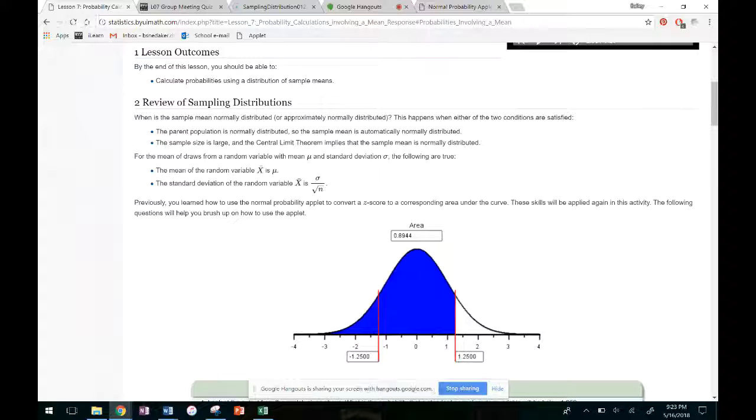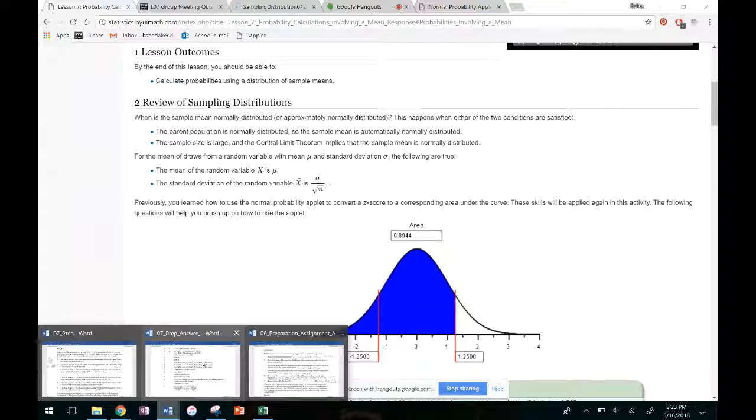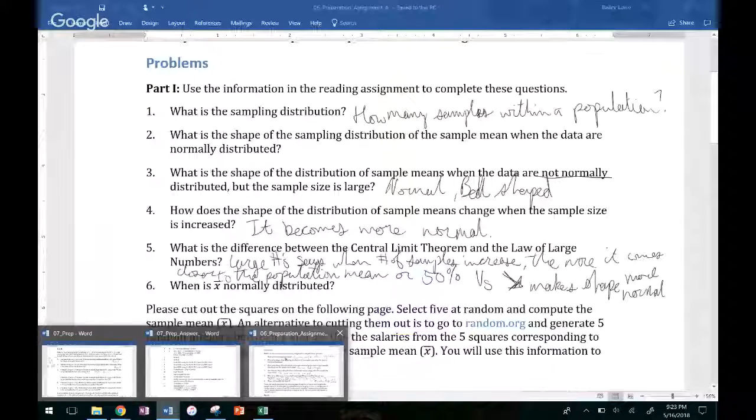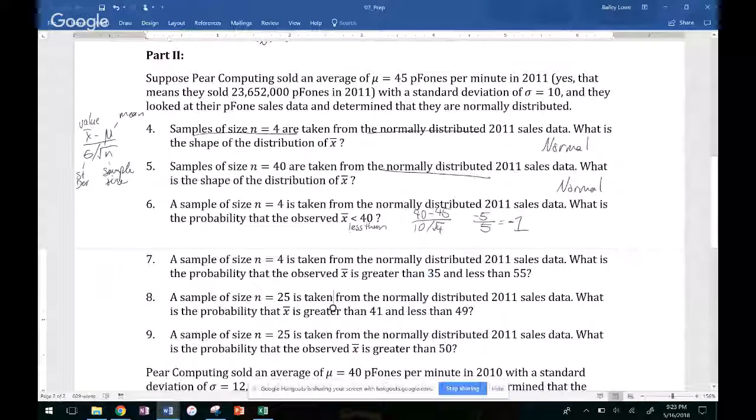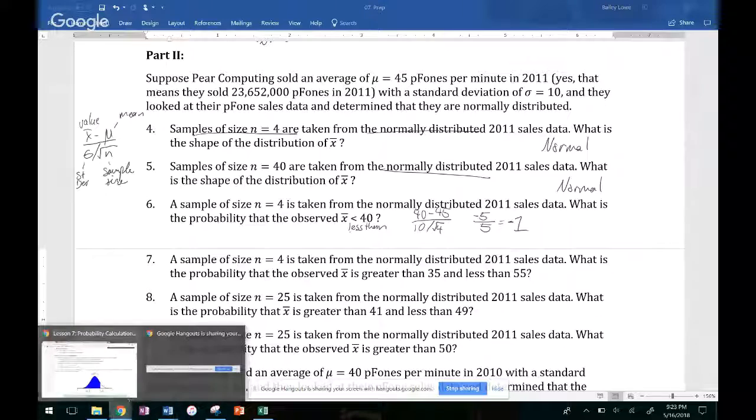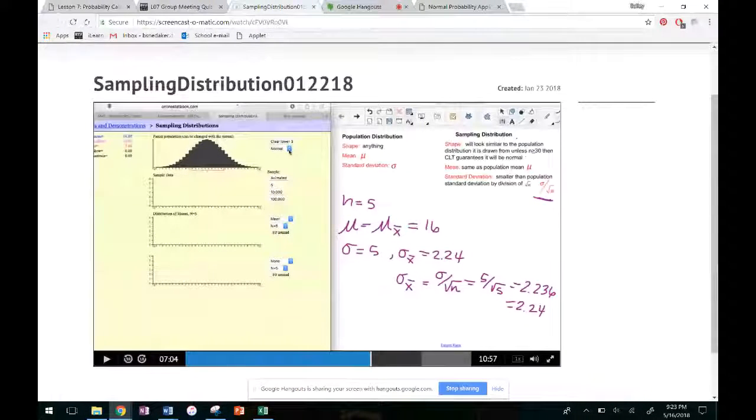I've been through this before today, but it was asking for the shape of the curve and not the z-score. And the probability that the mean... I'm going to look through her video and see. I'm looking at the reading, so you're good.